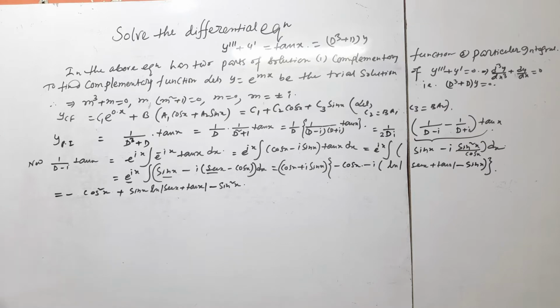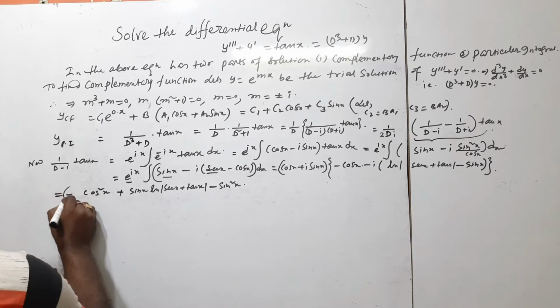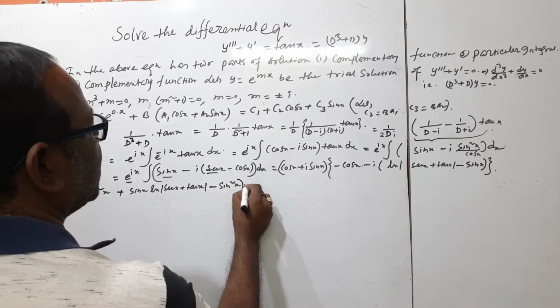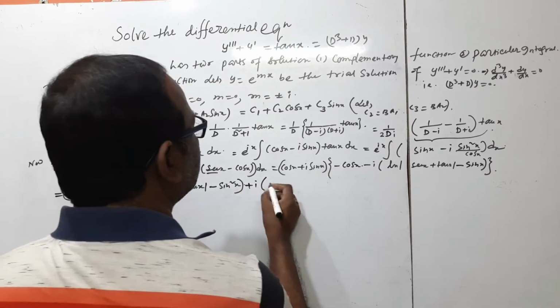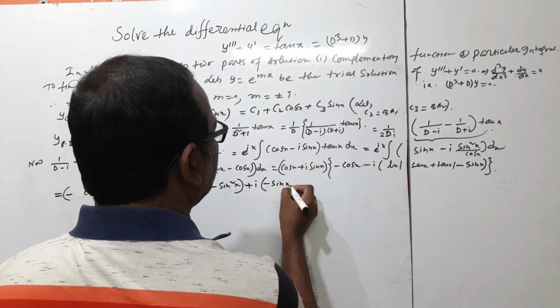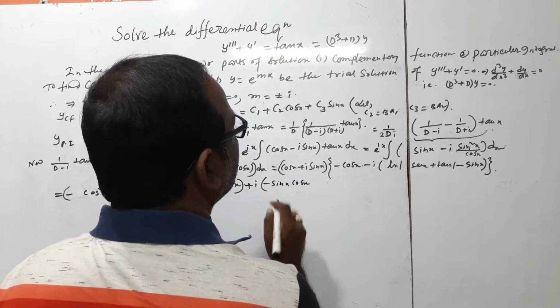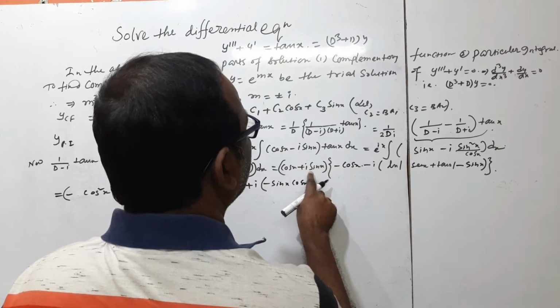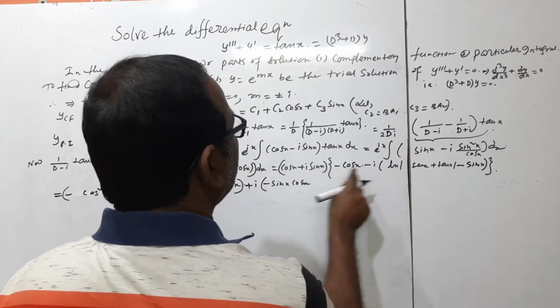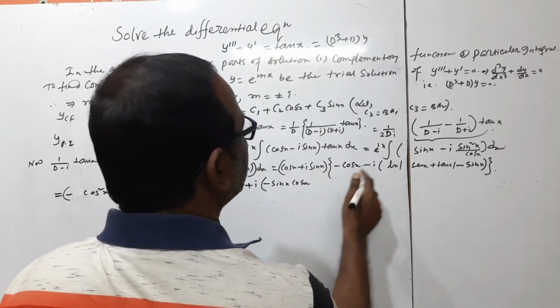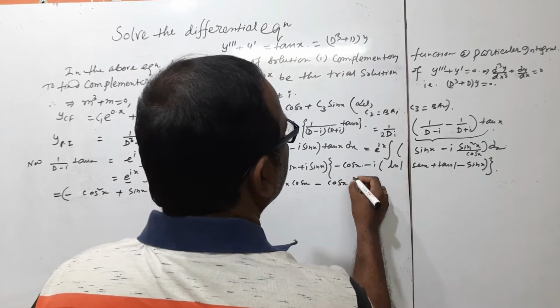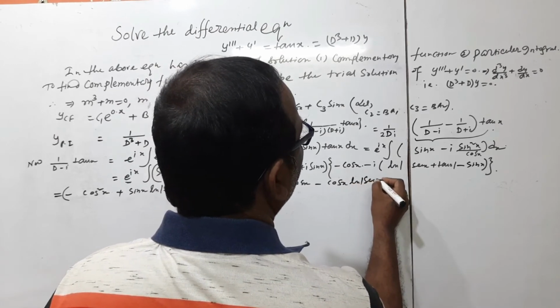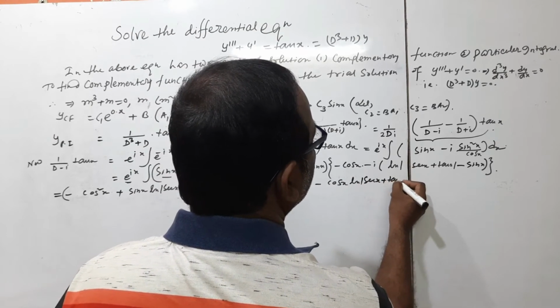Then after that, this is the real part of this complex number, and i into this minus sin x cos x, and this into this take on minus, so this is minus cos of cos into ln mod sec x plus tan x.